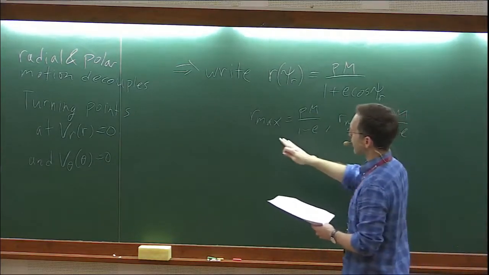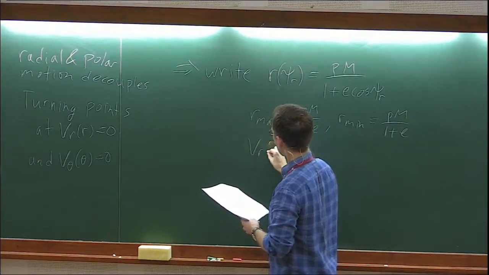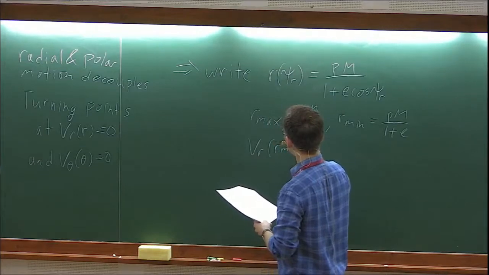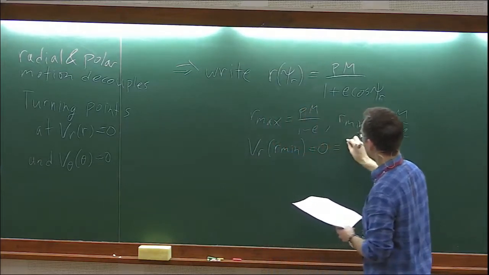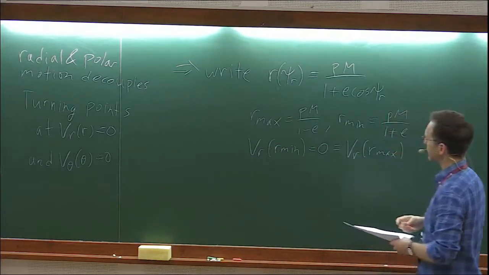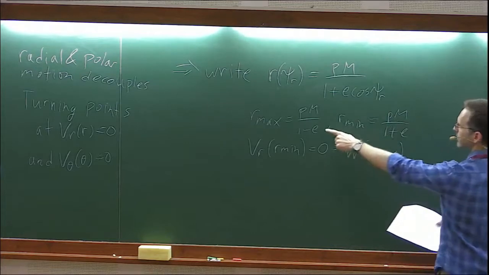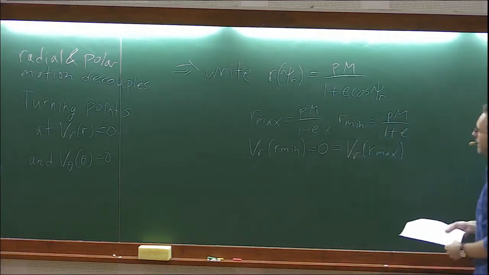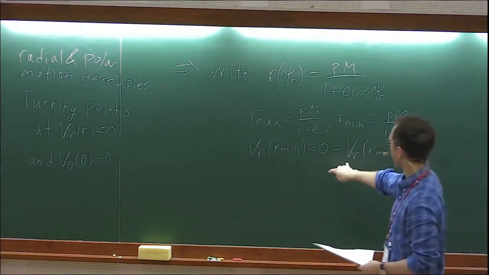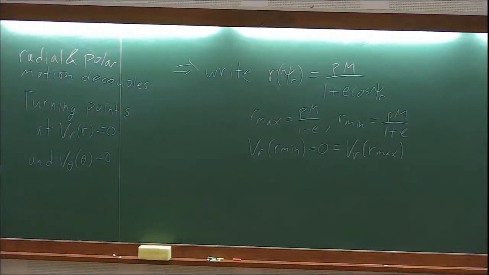And these, r min and r max, satisfy V_r at r min is 0, and V_r at r max is 0. So these two equations become equations for p and e in terms of how we had expressed V_r, which would have been expressed in terms of these other constants of motion, E, Lz, and C.